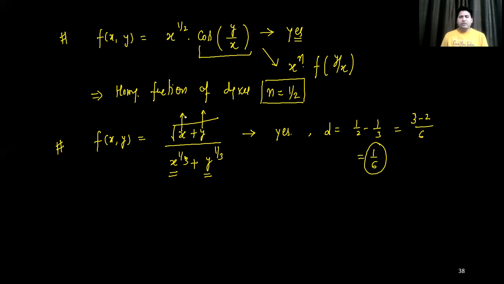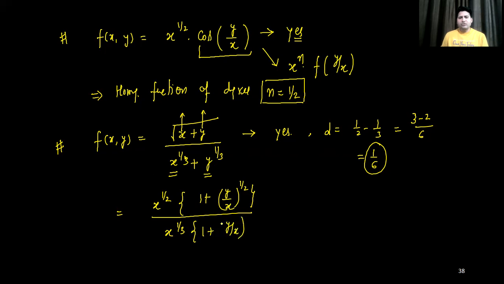I am trying to reduce it to the standard form second or third. Let us see. Just take x power 1 upon 2 common from the numerator, what is left: 1 plus y upon x to the power 1 upon 2, over, take x power 1 upon 3 common from the denominator, so 1 plus y upon x to the power 1 upon 3. Taking this together, it equals x power 1 upon 2 minus 1 upon 3.